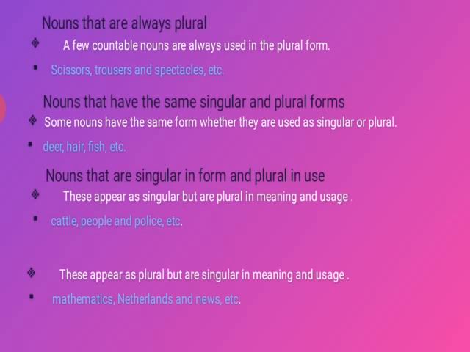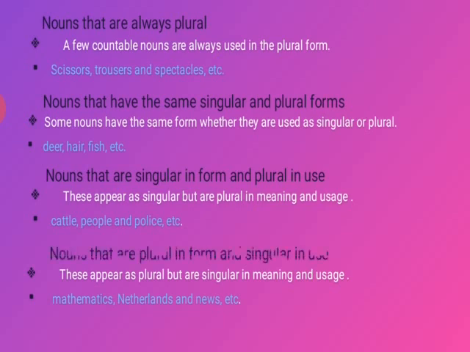It's not said as peoples or cattles or polices. Fine. So cattle is plural, people and police, etc. These are the examples that appear as singular but are plural in meaning and usage.